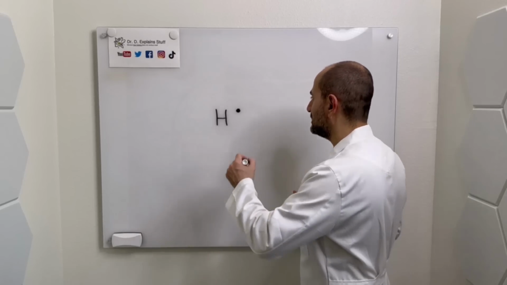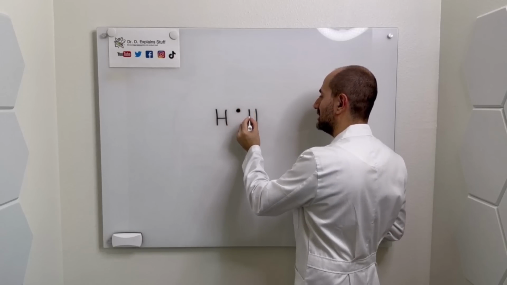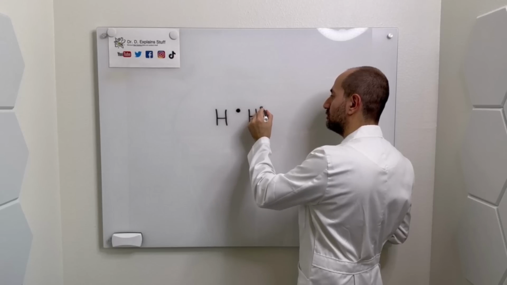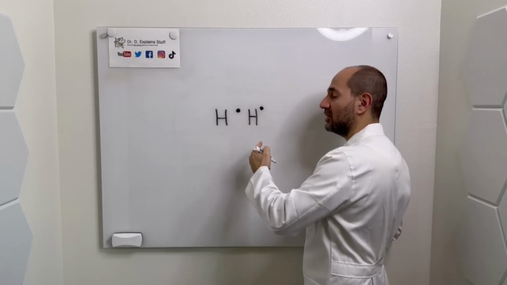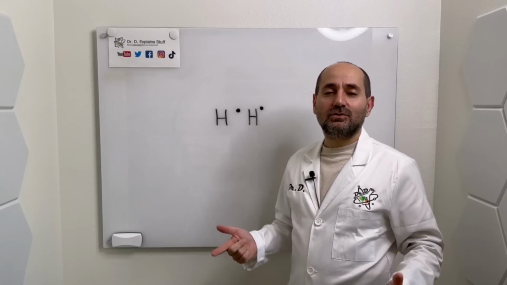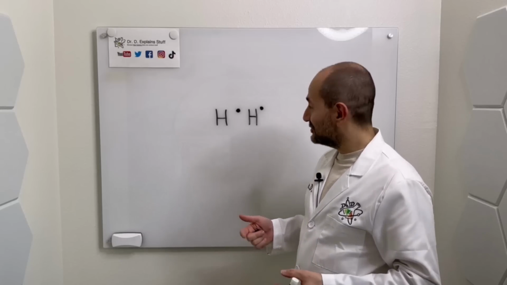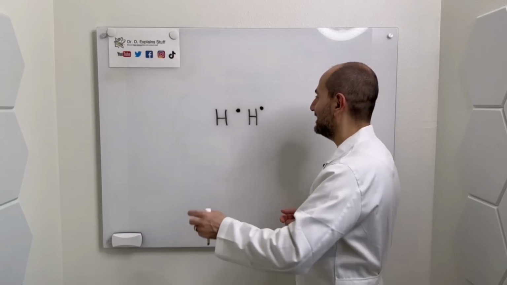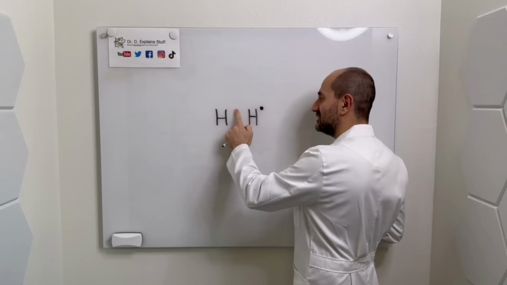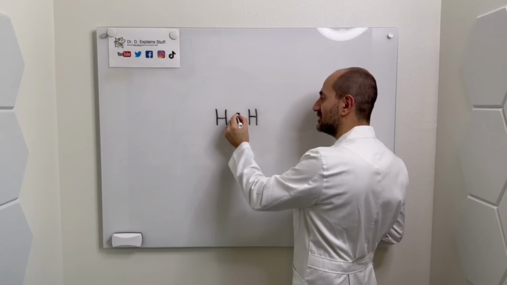Now, what do you think would happen if another hydrogen with its one electron were to come along and they meet? Could they work out some kind of deal in order to fill their outermost shells? And that's sharing, right? Look, if this hydrogen shares its electron with this hydrogen, they're each sharing with each other.